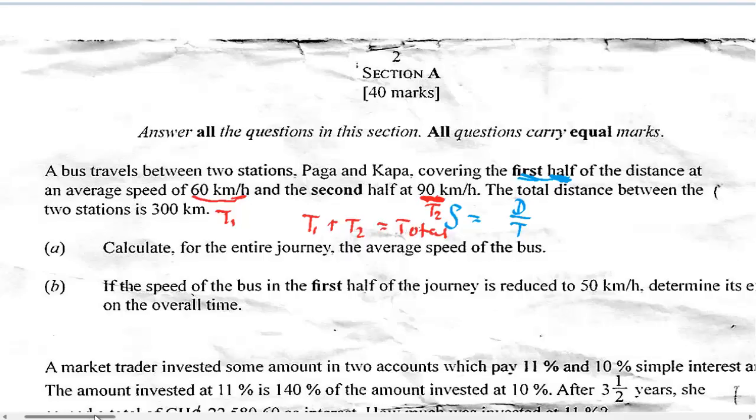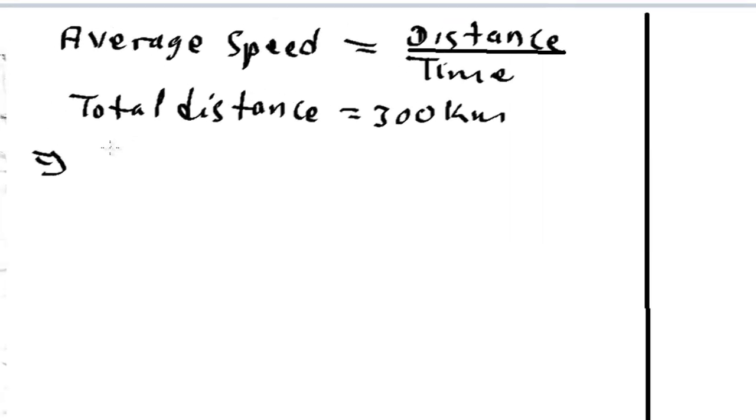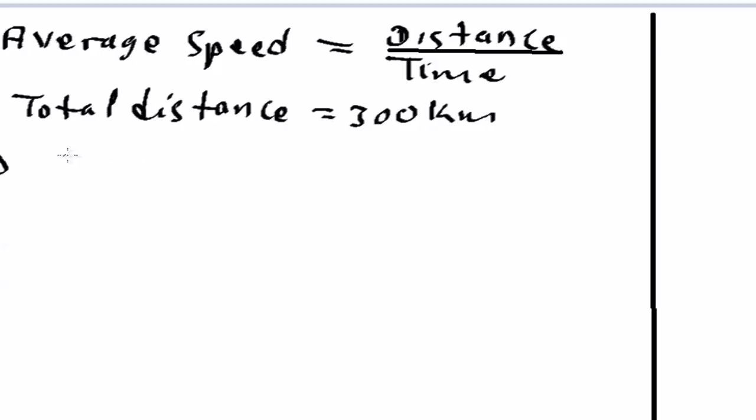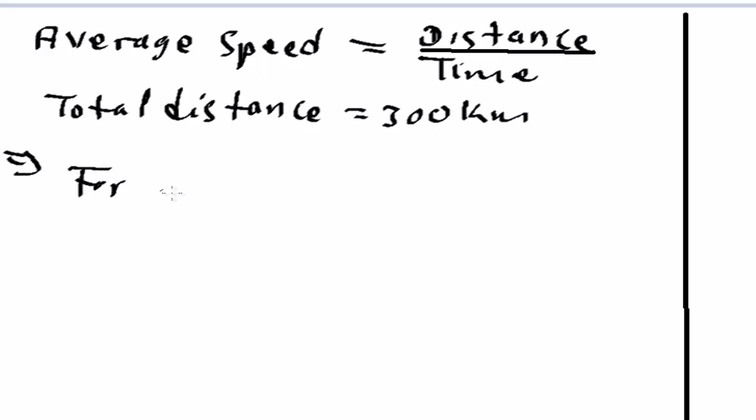So we need to calculate the time involved in the first half, and then also the time involved in the second half. If we get those two times, then we can add them together to get the total time involved in covering the entire journey.